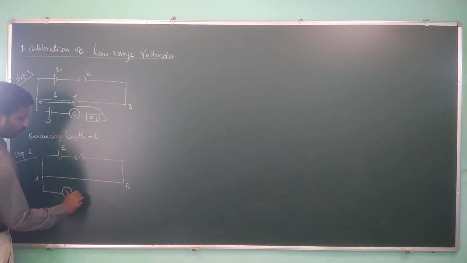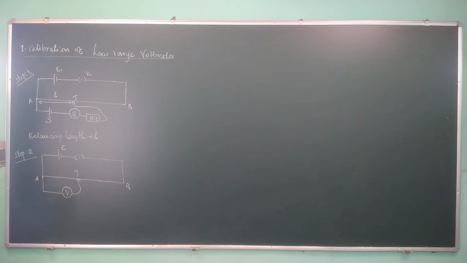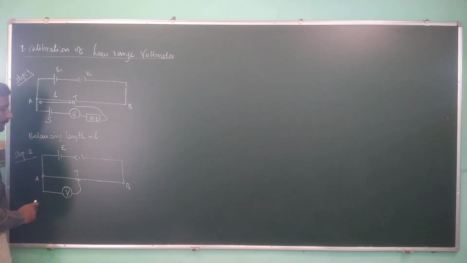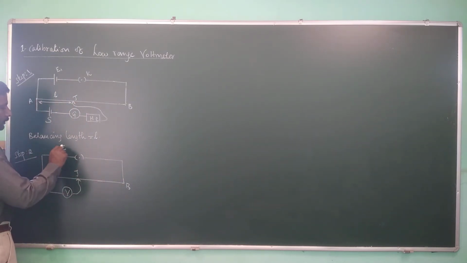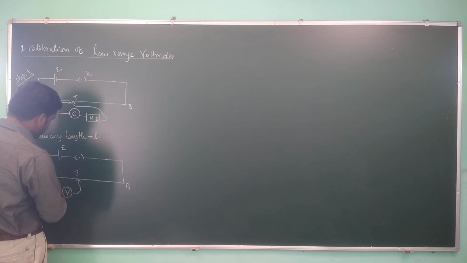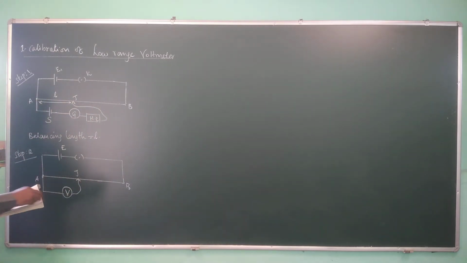Then this voltmeter is connected to the jockey. Very simple. Now if you bring this jockey to this point, it will give you 0 volt. And if you bring this jockey to the extreme end B, then it will give you the value which is equal to E. In between, it will show some values. That value will increase from a lower value to a higher value when you are sliding from A to B.